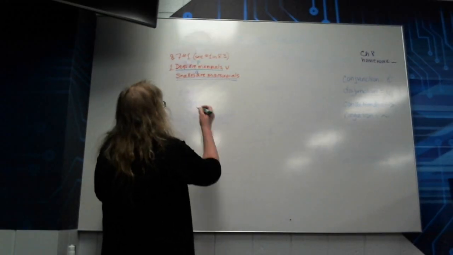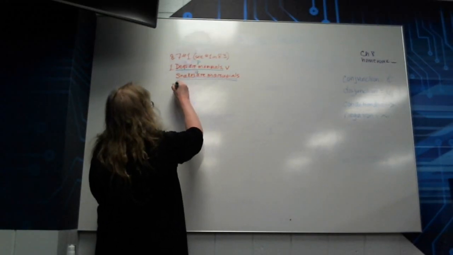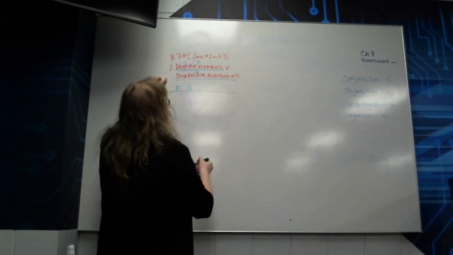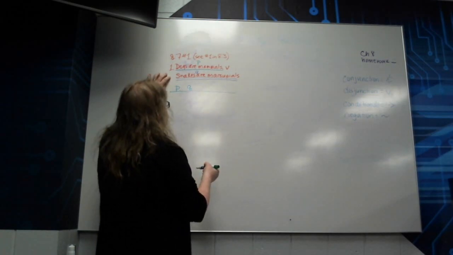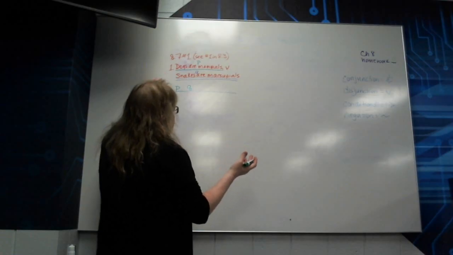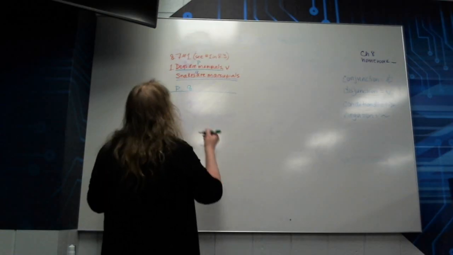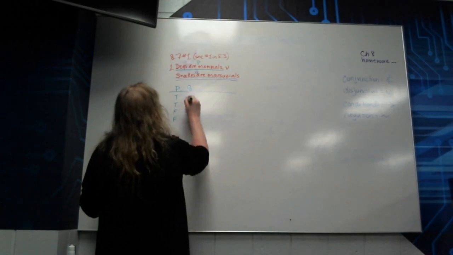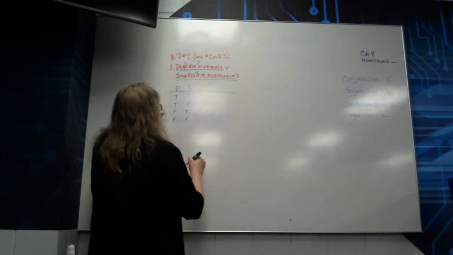So when we make a truth table, we know we're starting with our variables P and Q, okay? And since we only have the 2 variables there, we only need 4 rows. Okay, so we're going to go true, true, false, false, true, false, true, false. And they're always like this.